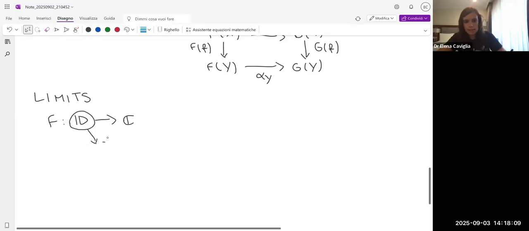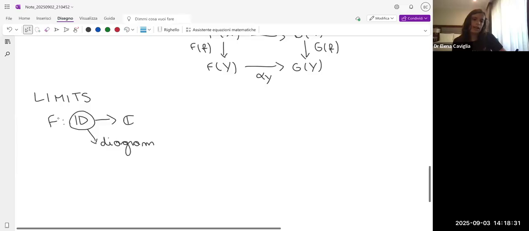So it represents the diagram of which we want to do the limit. And the idea of the limit is that the limit is what completes this diagram in the best possible way on the left-hand side. And we are going to see in a minute what this means.